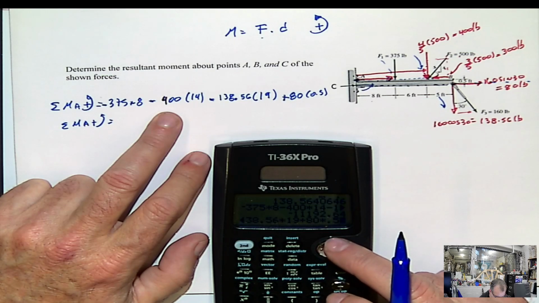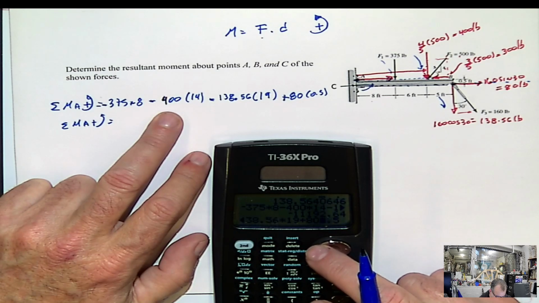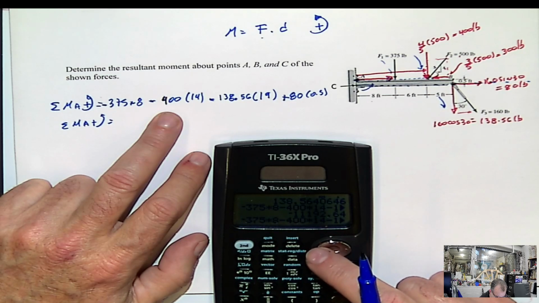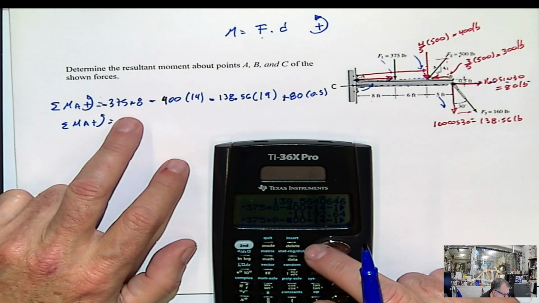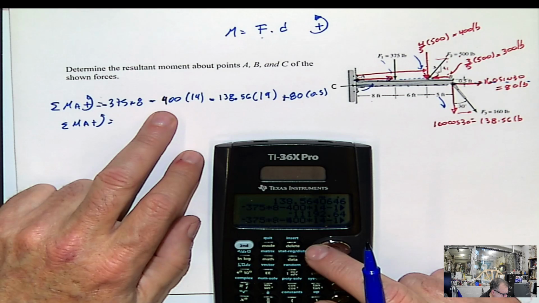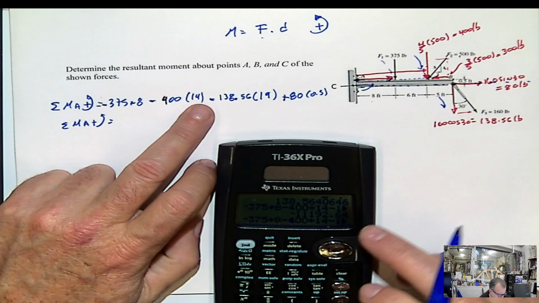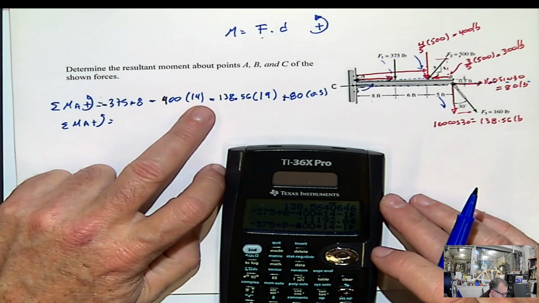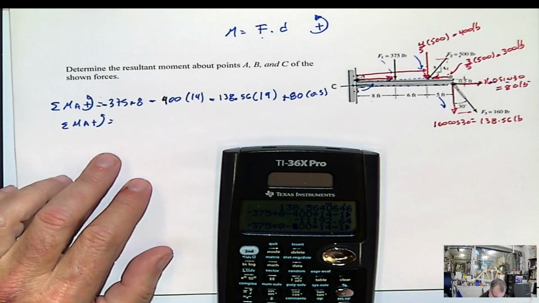I don't know, the value looks a little small to me. 375 times 8, that's correct. This is 400 times 14, that's correct. This is 138.56, that is correct, plus 80, yeah, that's correct.